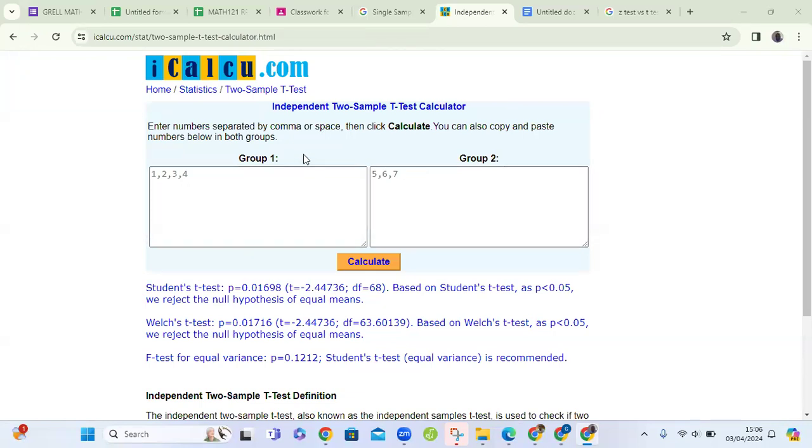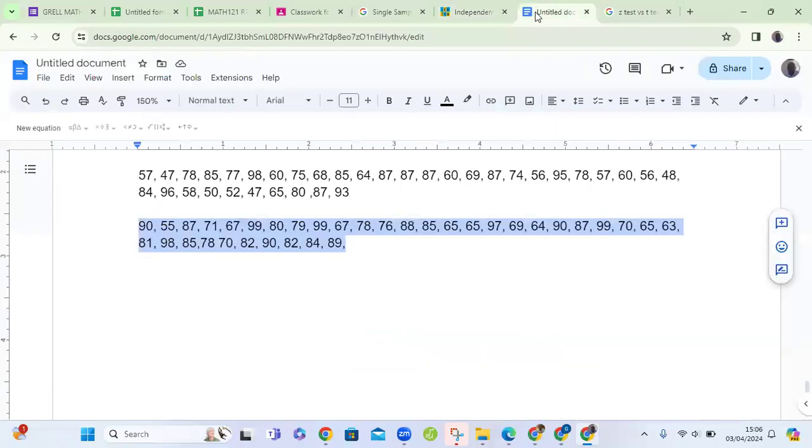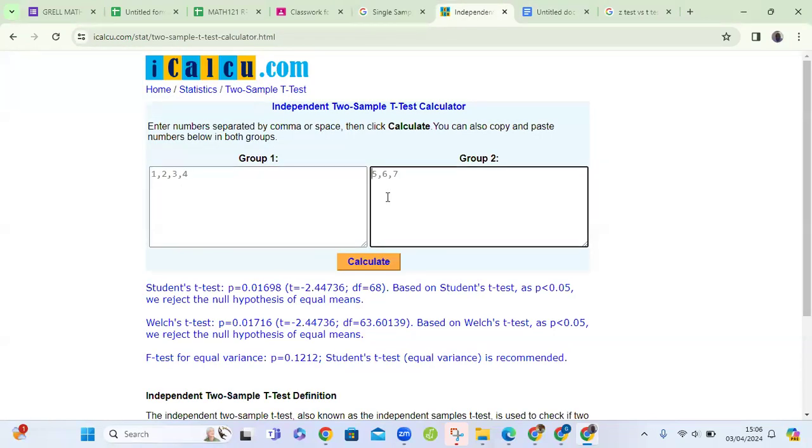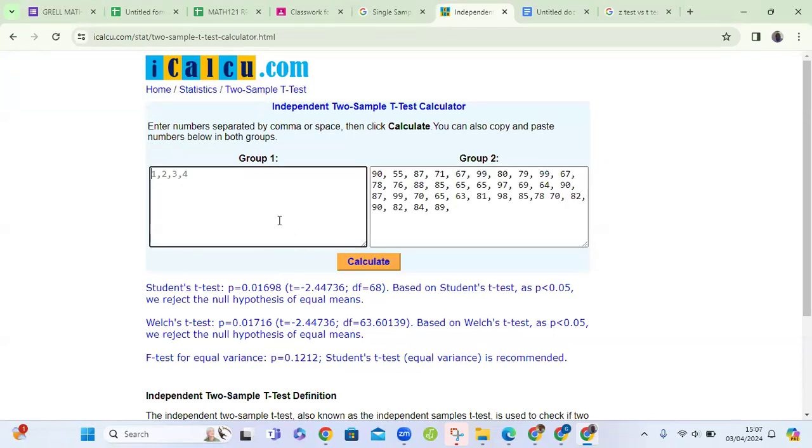Let's opt to use a different calculator. ACALC.com. Okay, here it is, and it appears to be quite user-friendly. Let's transfer the data as the second group, and let's transfer the first group.